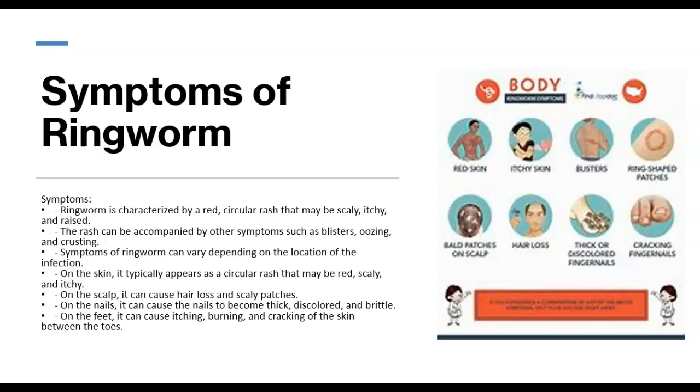On the scalp, it can cause hair loss and scaly patches. On the nails, it can cause the nails to become thick, discolored, and brittle. On the feet, it can cause itching, burning, and cracking of the skin between the toes, which you already saw in the introduction. Here are some pictures of what it can cause.